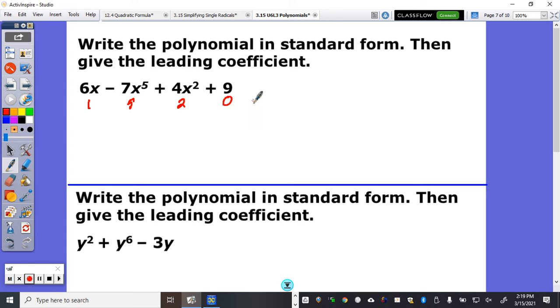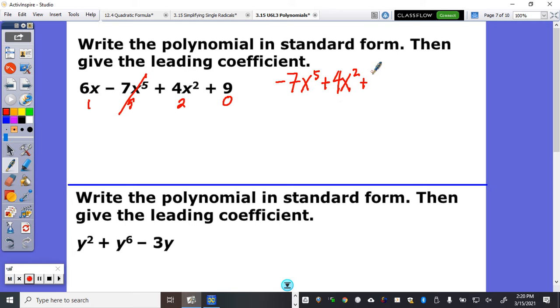So when I rewrite this, the term that has the largest degree is negative 7x to the 5th. Don't forget to take the sign with the number. The next largest is 4x squared.